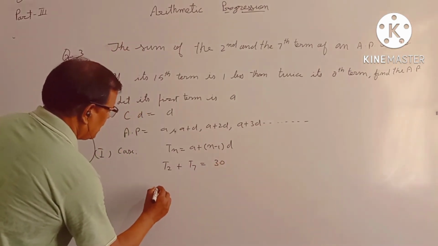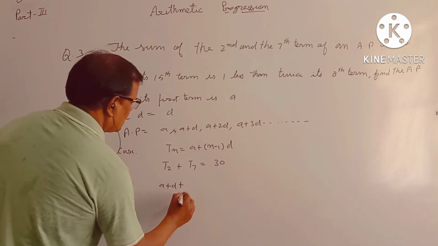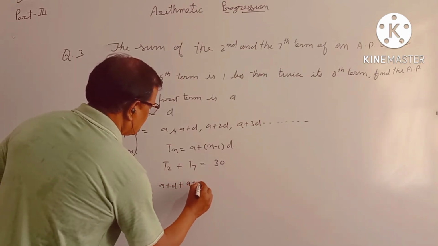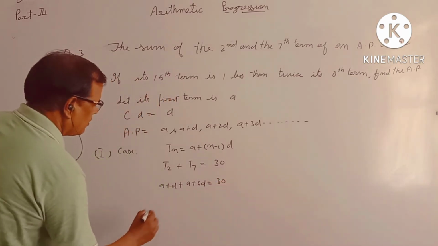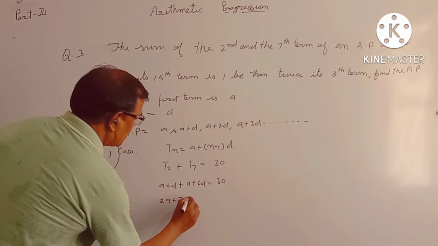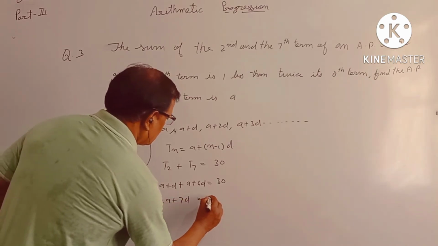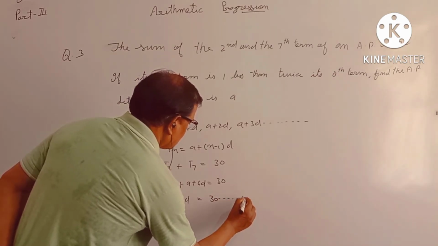Now T2 is A plus D, T7 is A plus 6D, and it is 30. Now we will solve it. It becomes 2A plus 7D equal to 30. This is equation number 1.